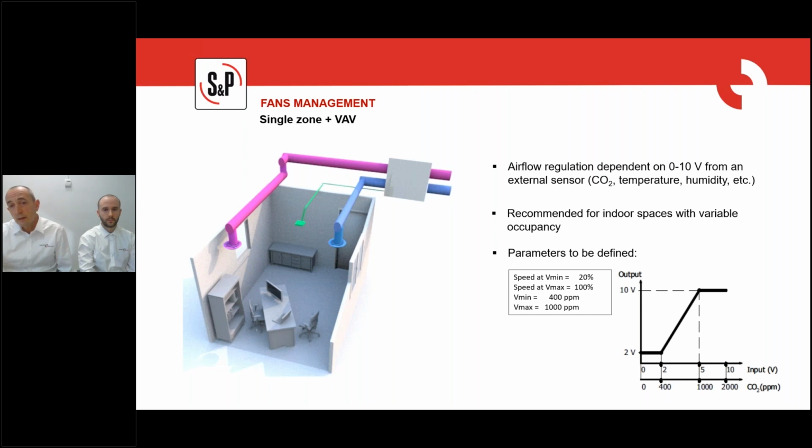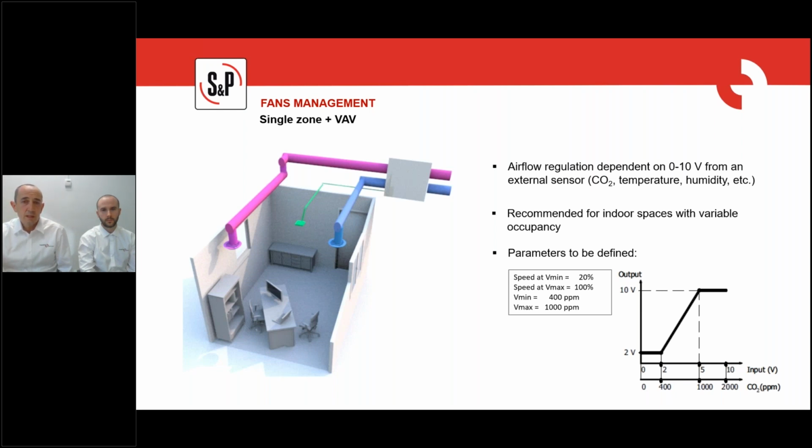And the system will operate at maximum speed, 100% of the fan speed, when we have concentrations of CO2 higher than 1000 ppm. In the interval of 400 ppm to 1000 ppm, the answer of the system will be proportional.